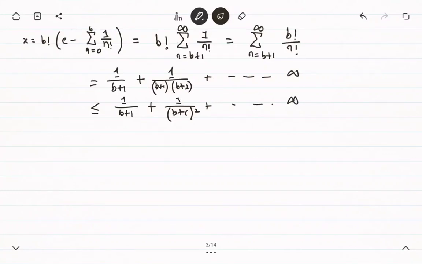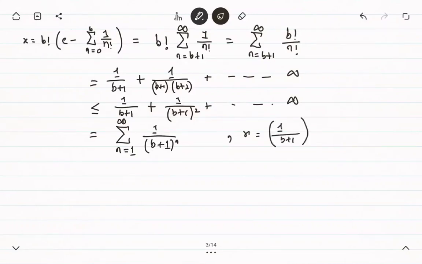We can write this as the sum over n from 1 to infinity of 1 by b plus 1 to the power n, a geometric series where r equals 1 by b plus 1, which is less than 1.